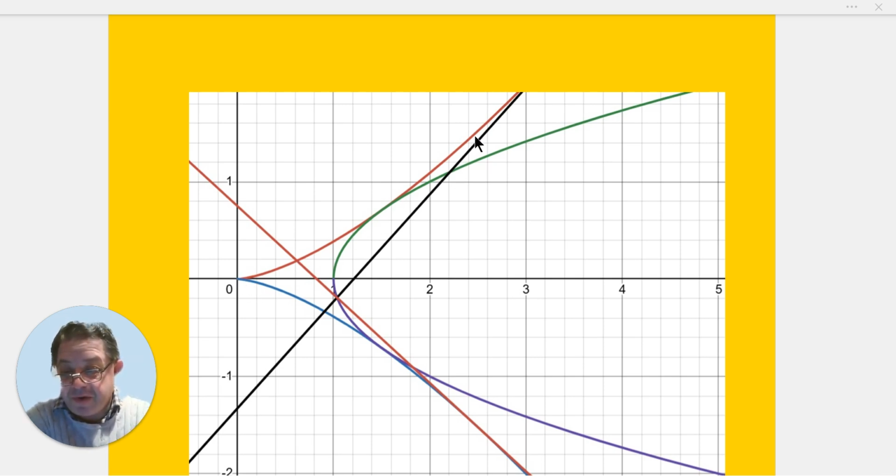So we have the original semi-cubical parabola, which I've indicated in its two branches by these red and blue curves. We have two points on the parabola with tangents at right angles. So the black straight line and the red straight line are tangents, and they are at right angles to one another.